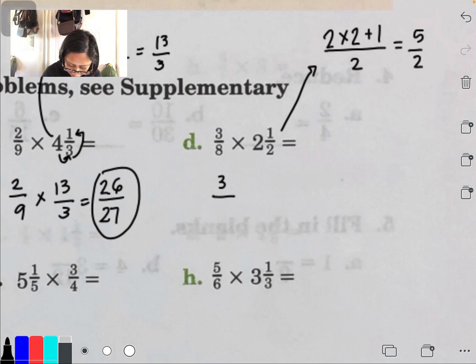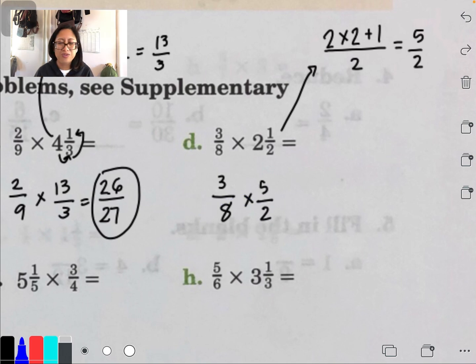And I'm going to drop it with the rest of this. You're probably thinking you can cross cancel 8 and 2. No, you can't. I'm sorry. So I just have to multiply across. 3 times 5 is 15. 8 times 2 is 16. Oh, it's okay. It's a proper fraction. The numerator is smaller than the denominator. It's fine.